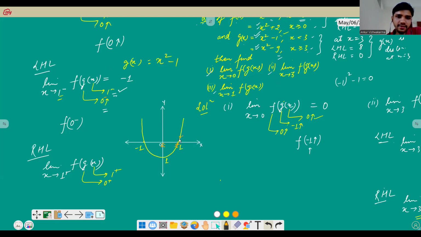Because from the graph, we can clearly see when x approaches 1 from the right-hand side, g(x) approaches 0 from the positive side.